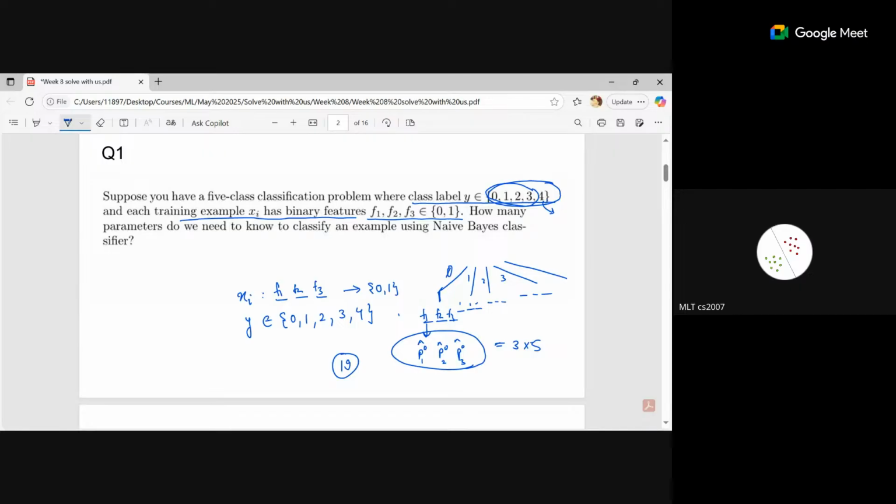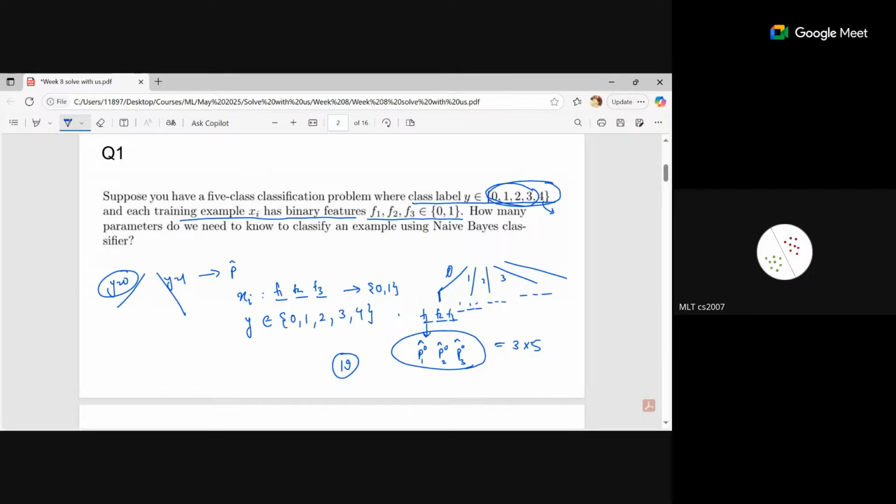For example, when you had only two labels, let's say y is equal to 0, y is equal to 1, in this case I only need one parameter p hat. Because if I know p hat, which is the estimate of probability y is equal to 1, then I can find the parameter estimate for y is equal to 0, which is just going to be 1 minus p hat.